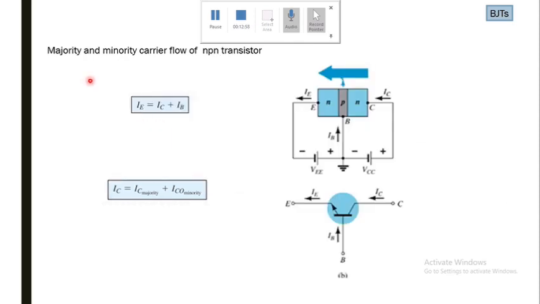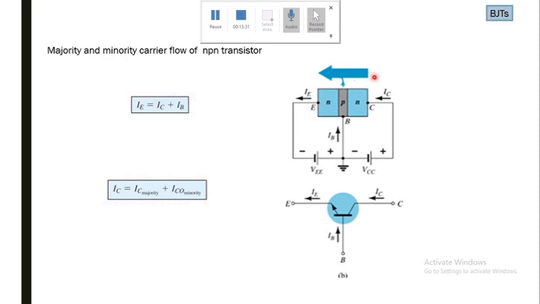Here we have shown majority and minority carrier flow in NPN transistors. In NPN transistors, we have the voltage sources VEE and VCC. The polarities are now reversed, but the basic principle is the same: we make the base-emitter junction forward biased and the base-collector junction reverse biased.